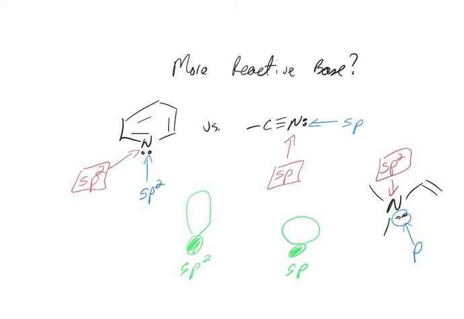That's a tough one to answer because now you're adding another factor into it, resonance. So is resonance more important than hybridization? What factor is more important? This doing resonance, or this being farther from or closer to the nucleus?